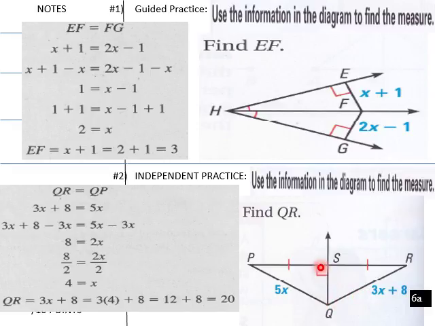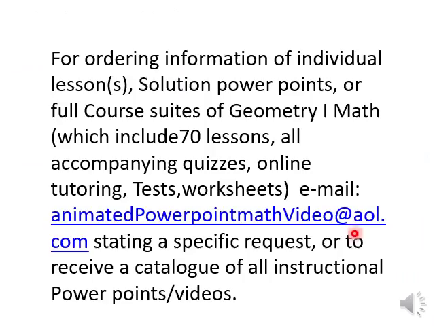We have a right triangle, and we use the information in the diagram. They're both right angles here. They have a leg, so we have a hypotenuse leg situation going here. We know these both equal each other. We just need to find the length of QR.